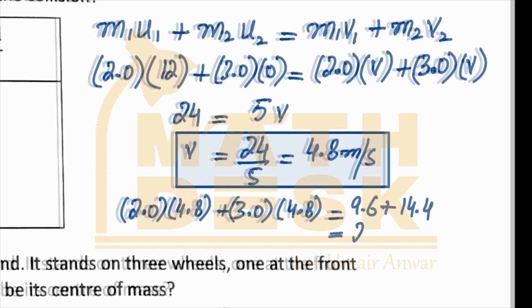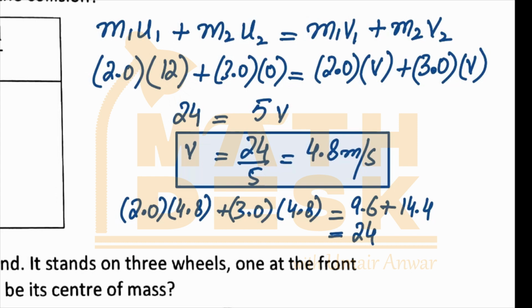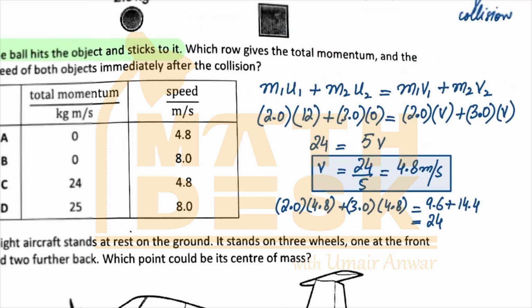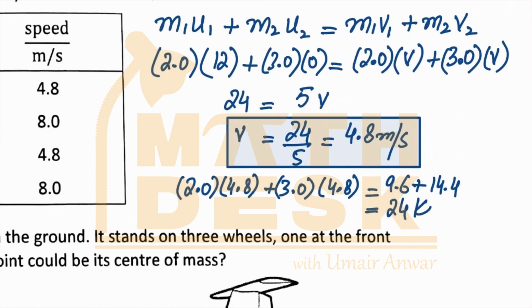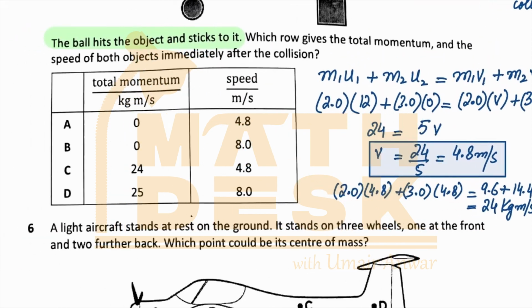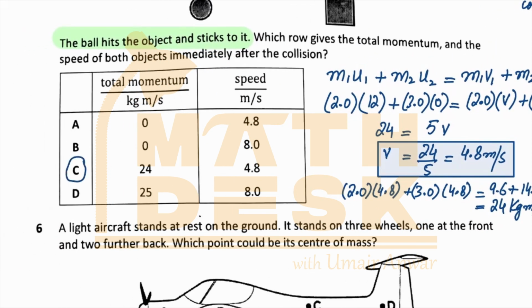Hence the total momentum after collision comes out to be equal to 24 kilograms meters per second. So it means that the third option for this question is correct.